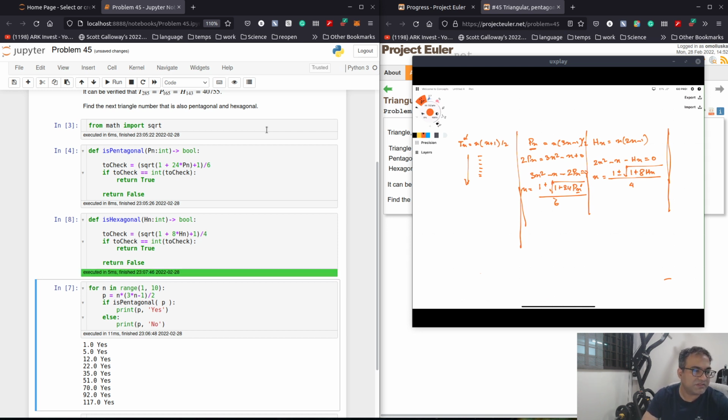Okay, so this would be hexagonal, and let's check for hexagonal numbers.